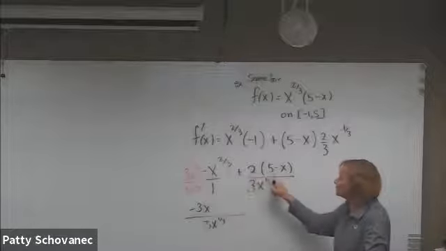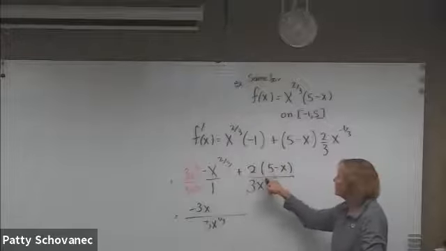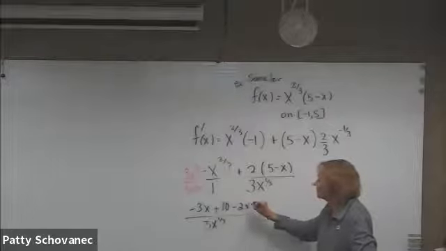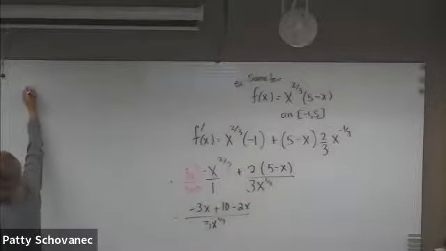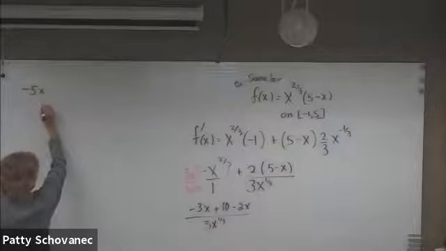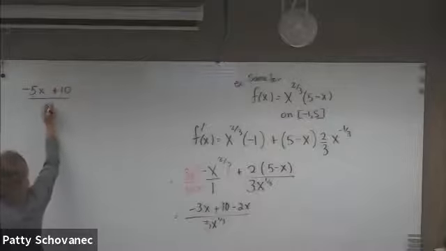Now I'm going to send the 2 through the parentheses. I'm going to share that denominator. And I have plus 10 minus 2x. And then when I put those x's together, my derivative looks like minus 5x plus 10 all over 3x to the 1/3.